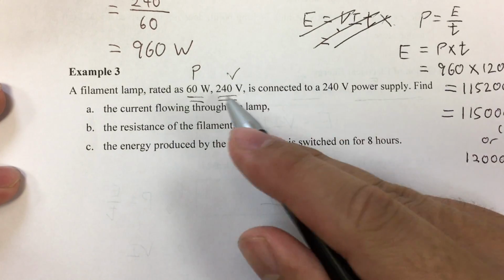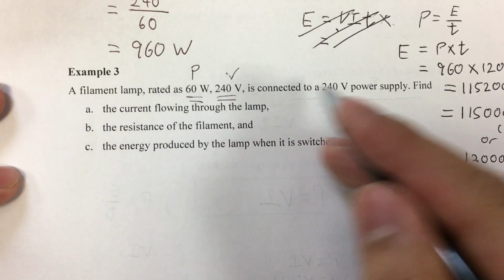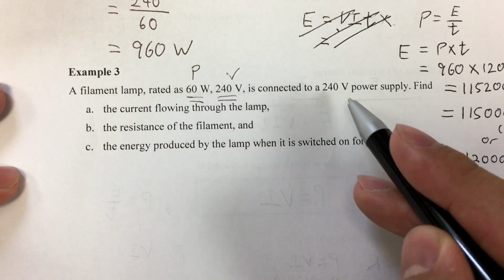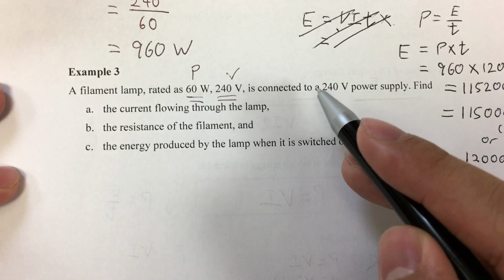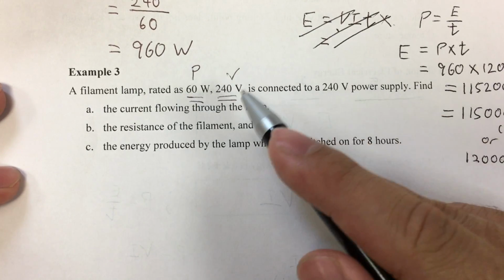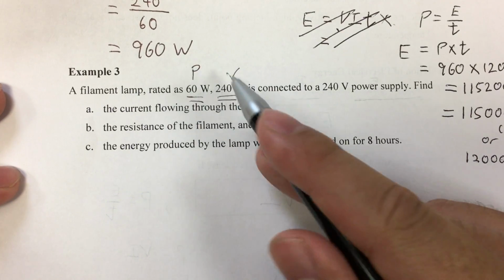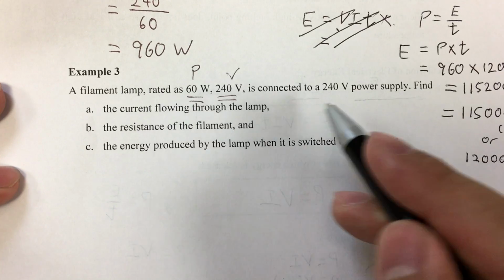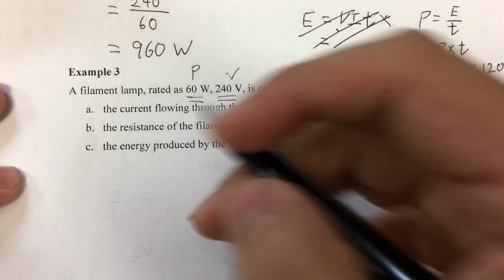Oh my, there are two volts, two different volts here. One is talking about the lamp, the other one is talking about the power supply. But if you read through the rest of the question, you realize that it doesn't really matter here. So let's just take this value, 240 volts. Find the current that is flowing through the lamp.